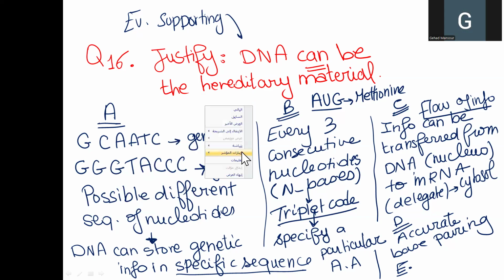In question number 17: how does replication of DNA ensure continuity of genetic information? See how the wording is a bit unusual, but the content of the answer is very easy.